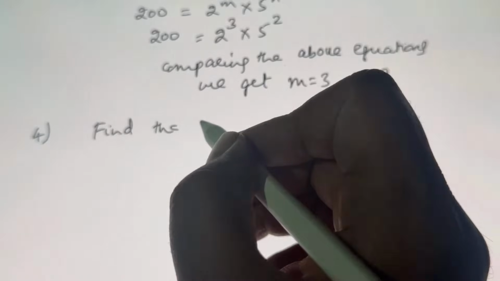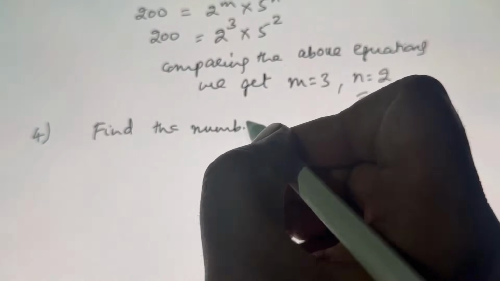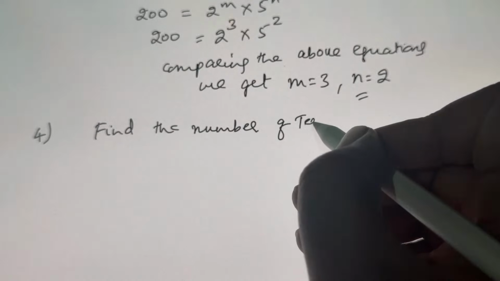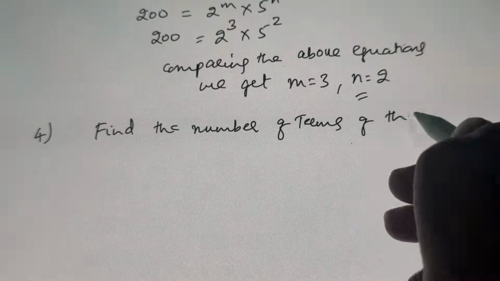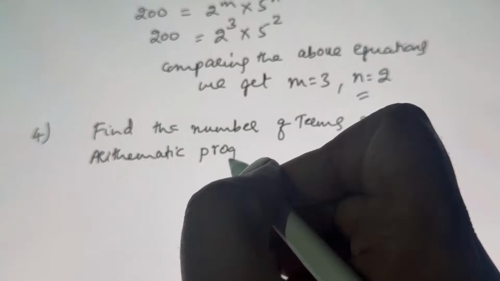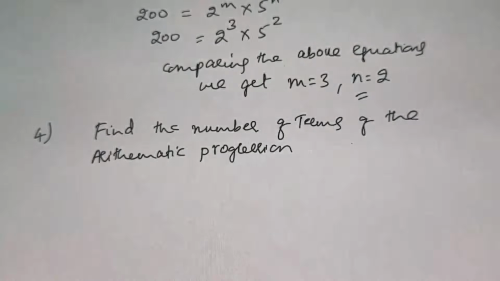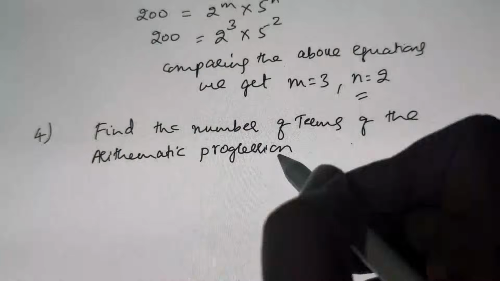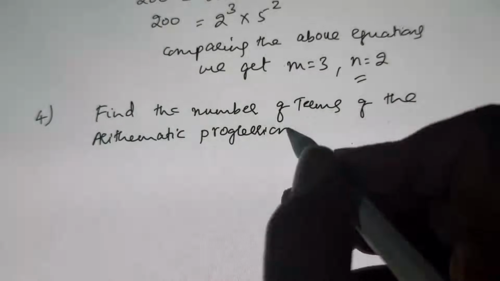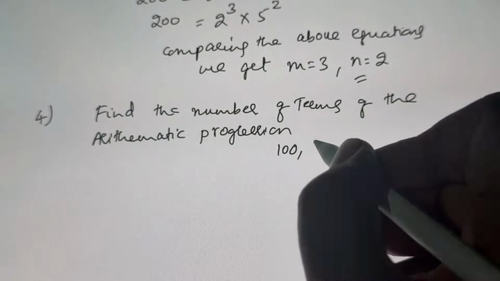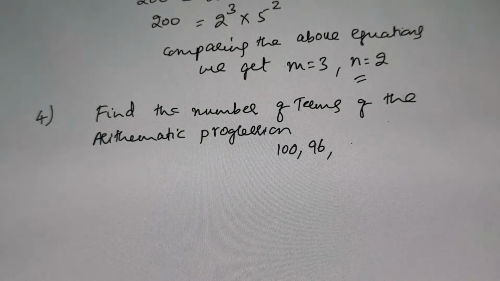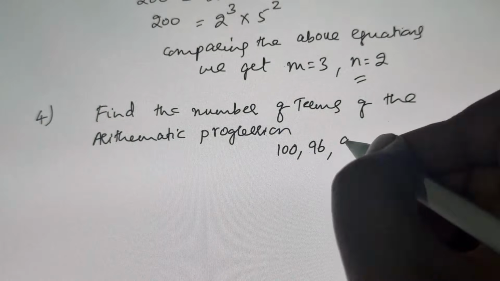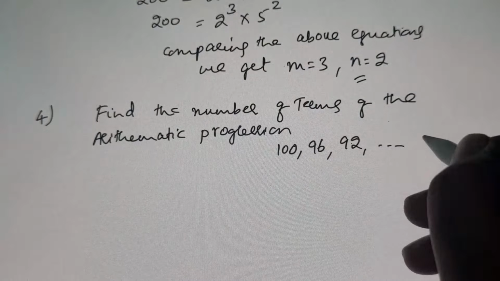Find the number of terms of the arithmetic progression 100, 96, 92, and so on, up to 12.